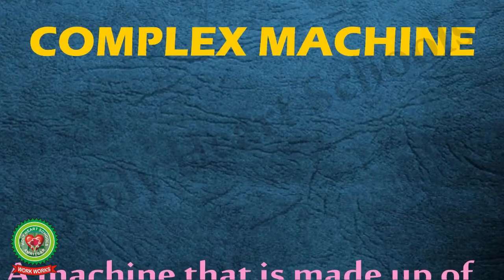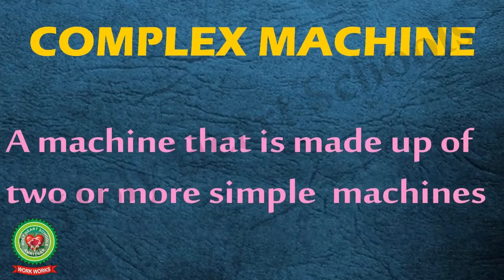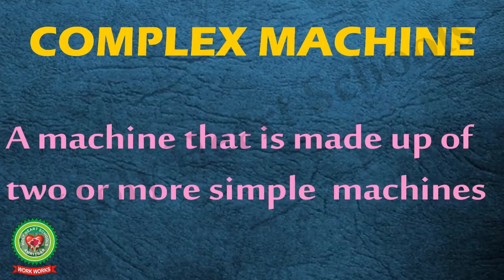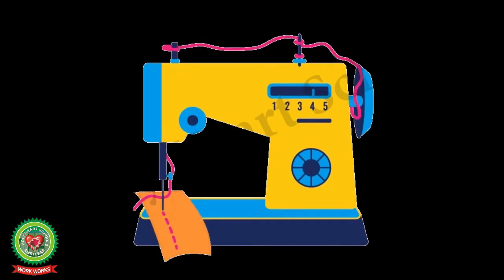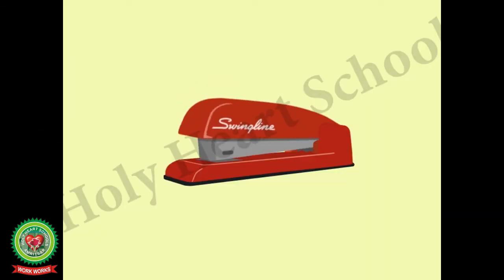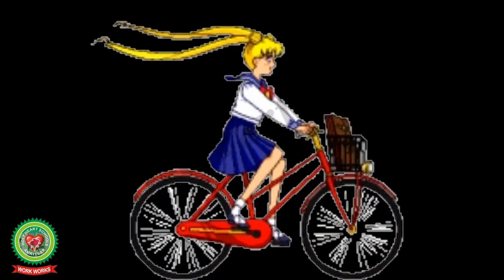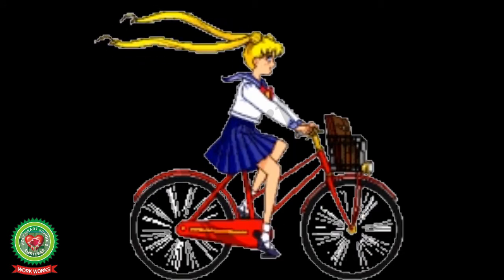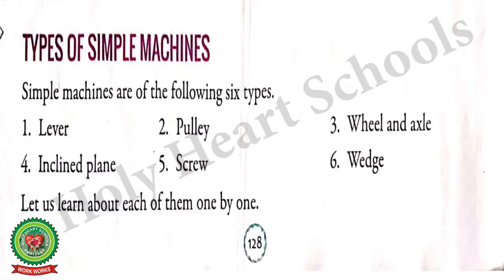Now next is complex machine. A complex machine is a machine that is made up of two or more simple machines. For example, a sewing machine, scissors, fan, mixer, stapler, bicycle, etc. are all complex machines.